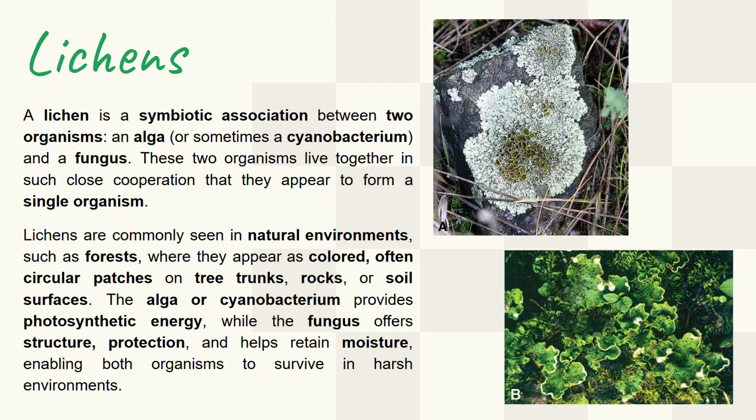Lichens, or lichen. A lichen is a symbiotic association between two organisms. It is a special type of microorganism, a combination of algae and fungus. They have a symbiotic relationship, and they appear as a single organism. Lichens are commonly seen in natural environments such as forests, where they appear as colored, often circular patches on tree trunks, rocks, or soil surfaces.